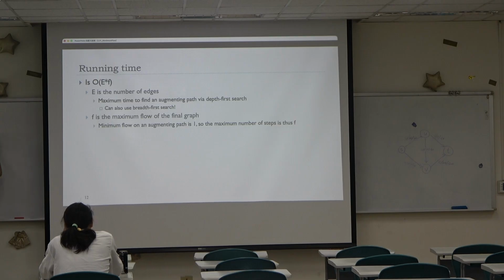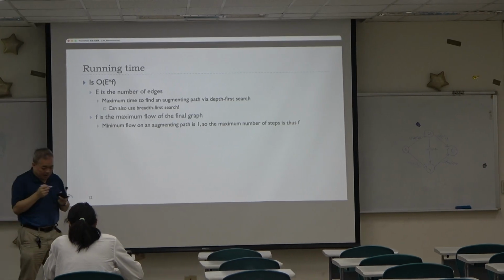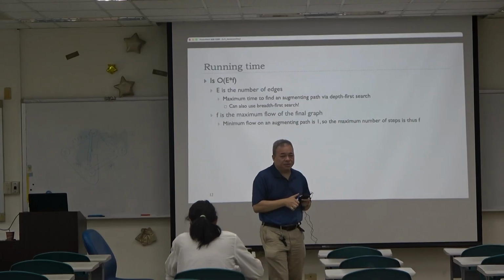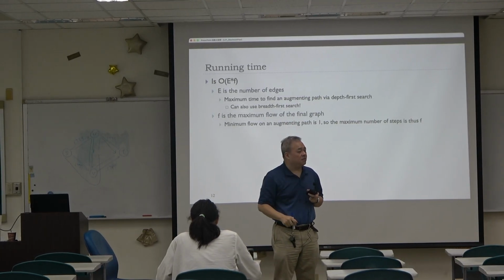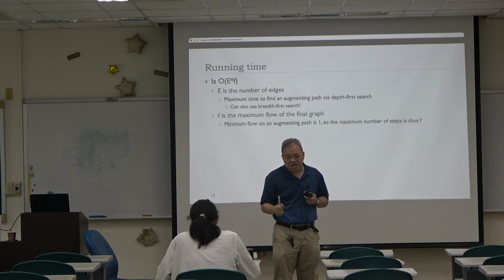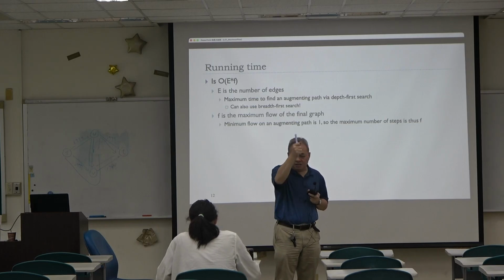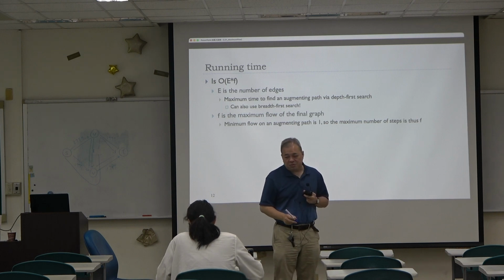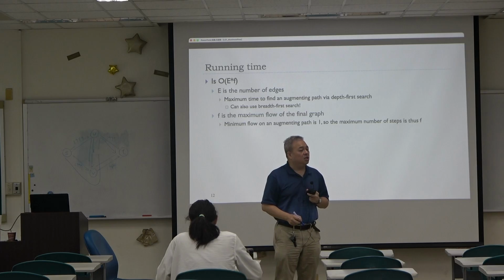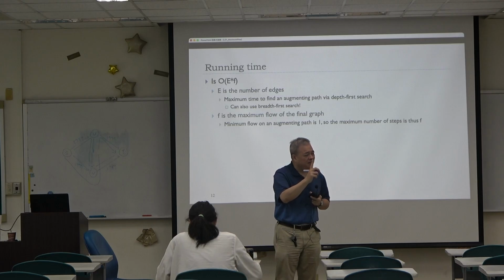This one becomes 1999. So if your algorithm is so stupid that every time you try to involve that edge between U and V in your flow, then every time you only increase your flow by 1, right?